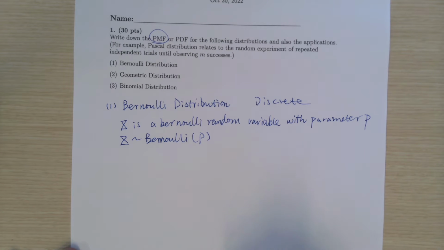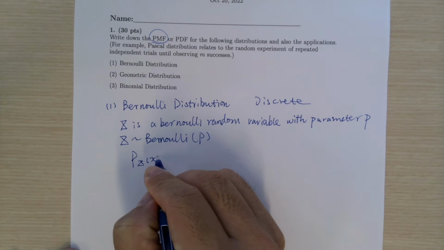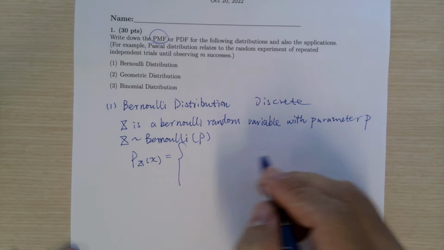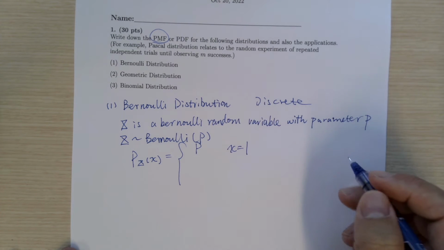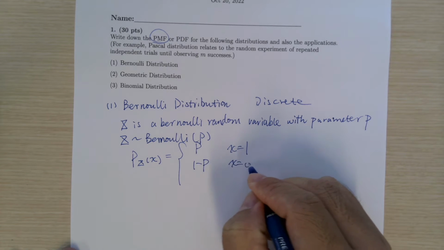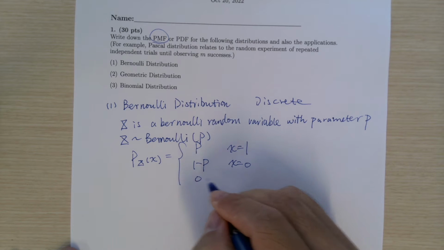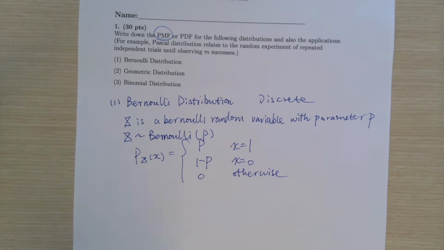So it's a PMF, and it's given as p when x equals 1, and 1 minus p when x equals 0, and 0 otherwise.